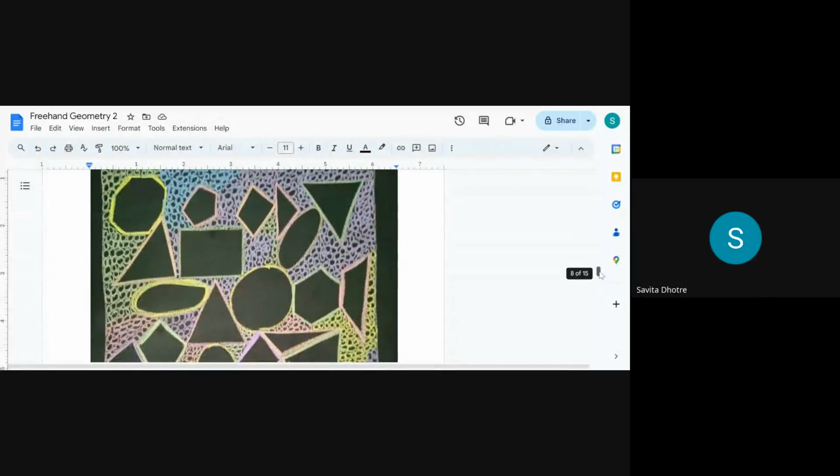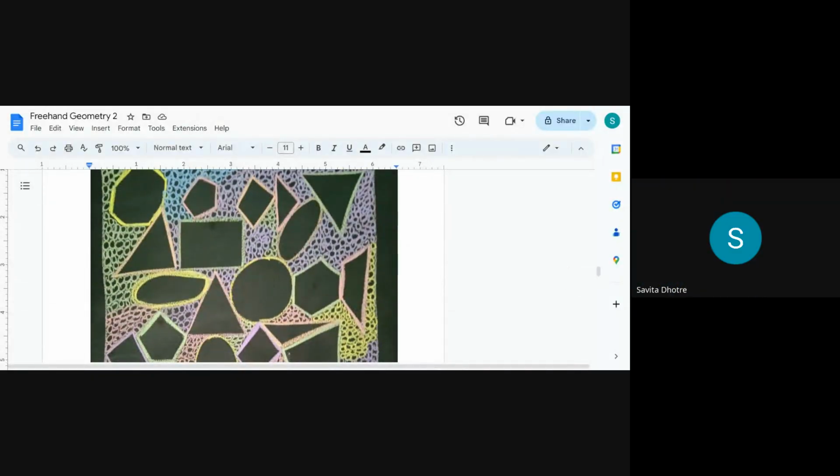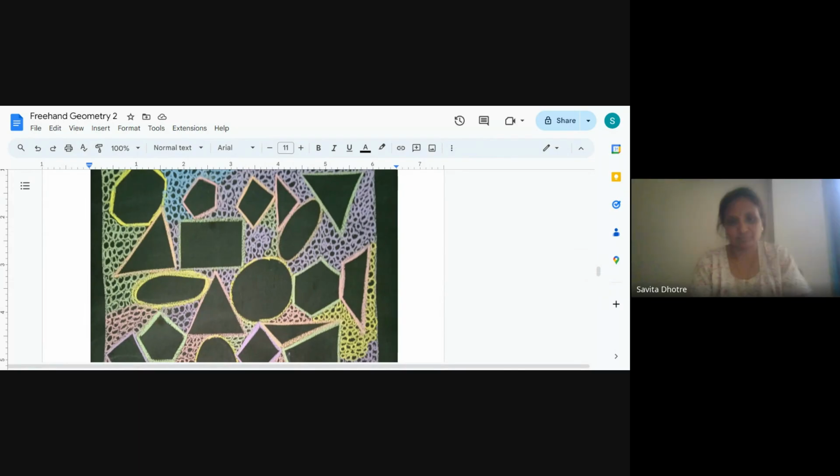So first we made a big rectangle here. And then I made random shapes, and it was just filled with some very tiny small circles.